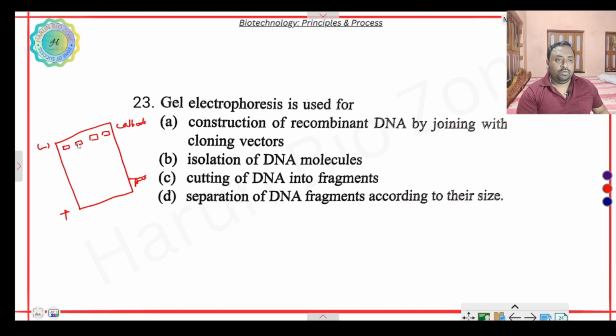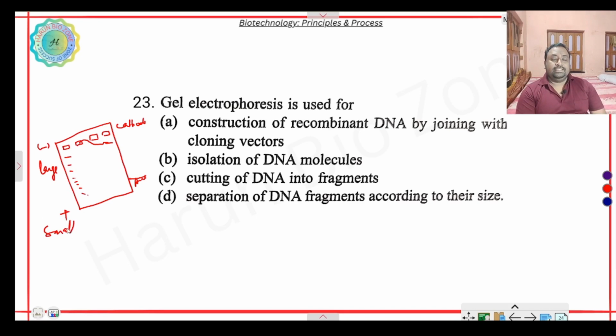These wells are filled with DNA fragments. When the electric supply is on, DNA is negatively charged, so DNA moves towards the positive direction. The DNA is separated from large to small.